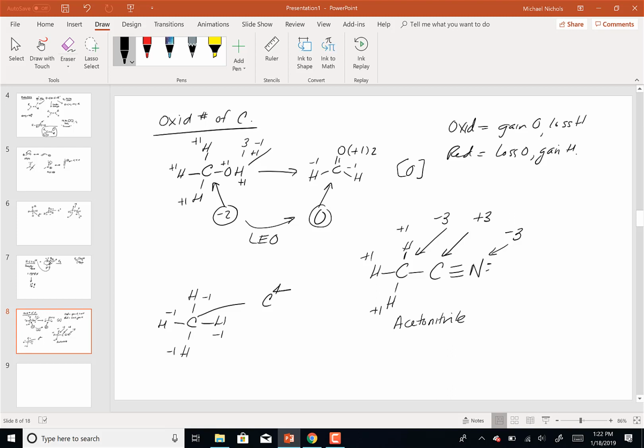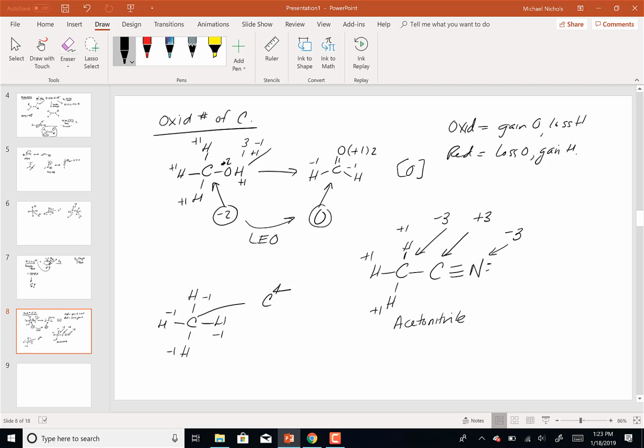So if we went through and added everything up, the oxygen actually would be what? It would be -2, because it's getting 1 from the carbon, 1 from the hydrogen. The carbon's -2, so that's -4, and then 1, 2, 3, 4, +4, so it adds up to 0.